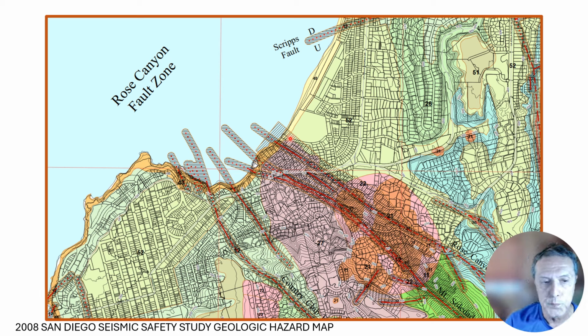trace that you found. So again, this is a land use map, with various designations. These are generally stable areas. These are fault prone areas. These are landslide areas.